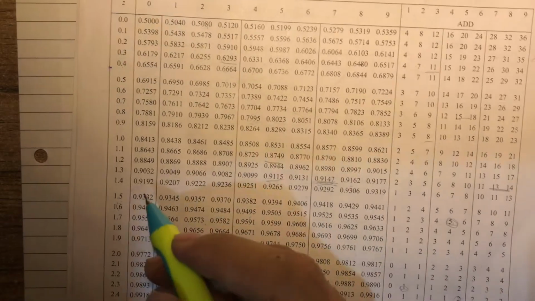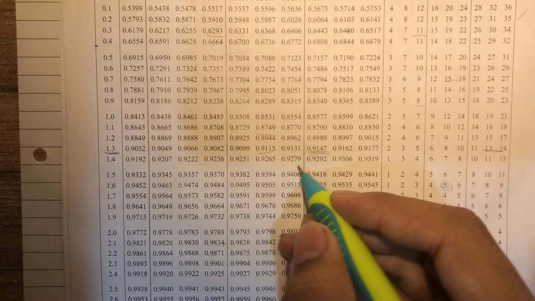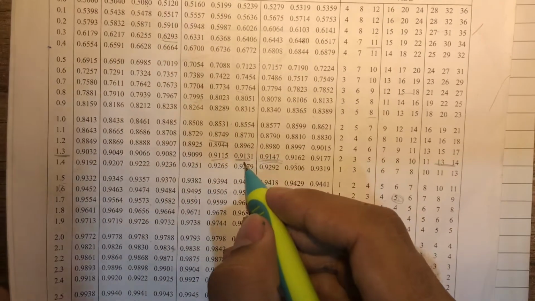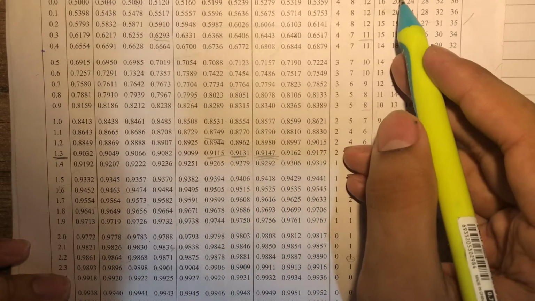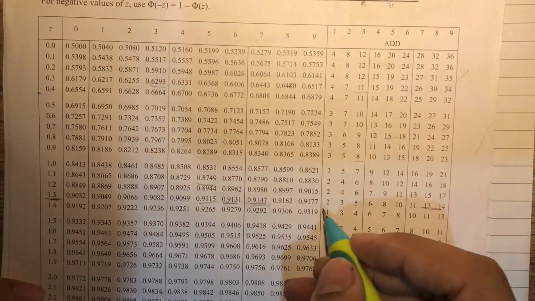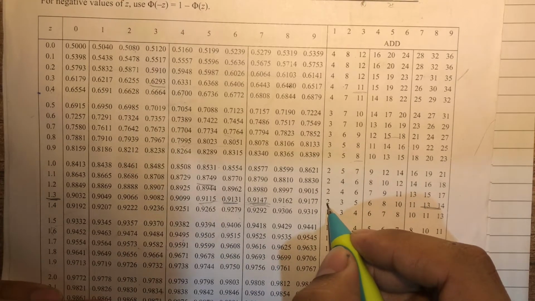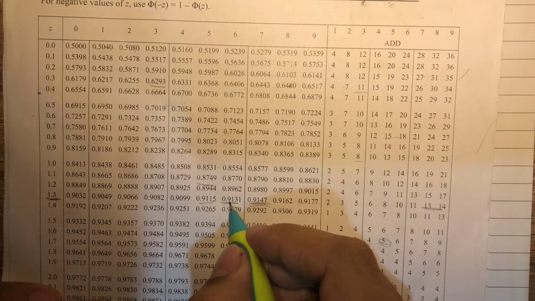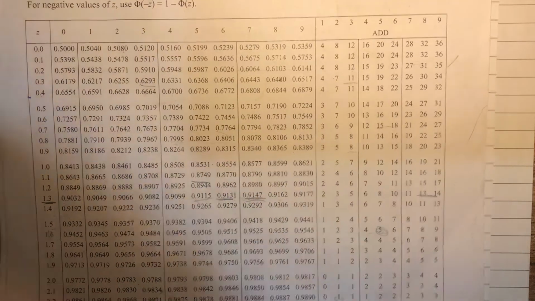Now 1.361 in the table, this is 1.3, then this is 6, so that means 0.9131. Then we'll go into the add column. Over here 1 in front of 1.3 represents 2, so we'll add this 2 to the last digit of this number. So 0.9131 plus 2 will be added to 1, so 0.9133.